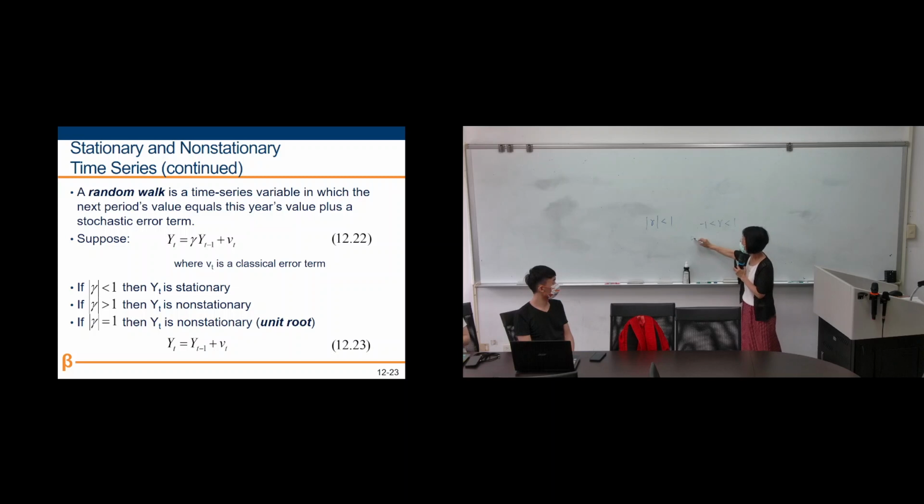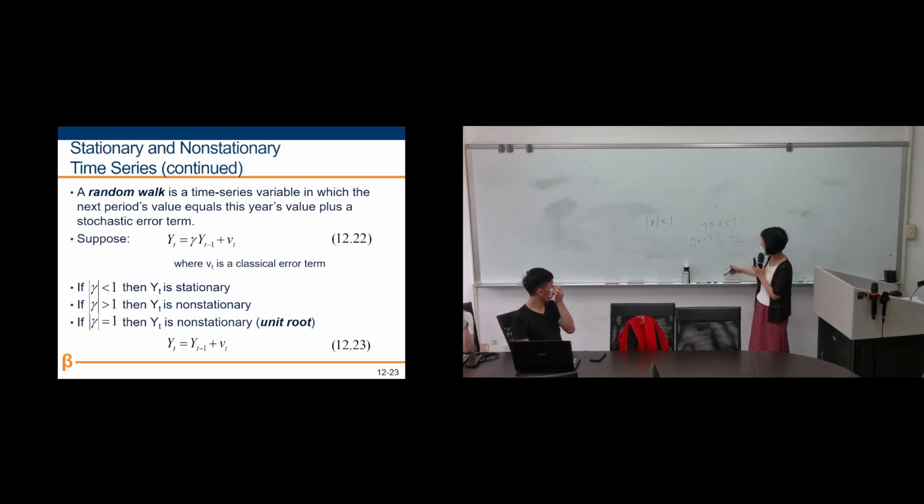If I say yt equals gamma yt minus 1 plus vt, and this is just a random walk, what does that mean if it is between negative 1 and positive 1?